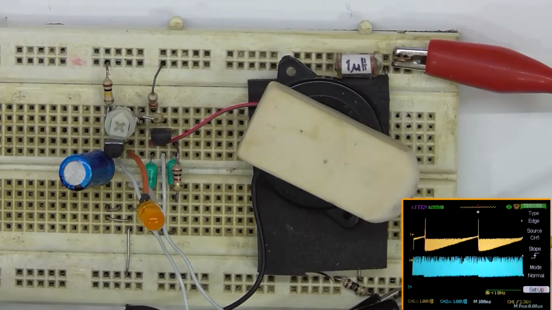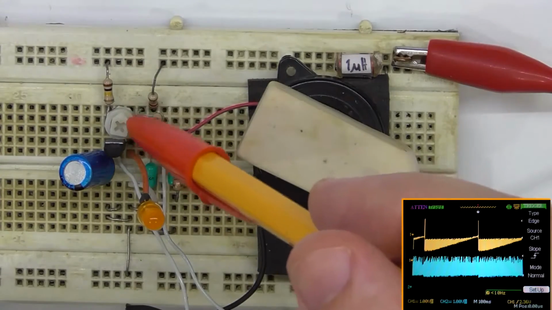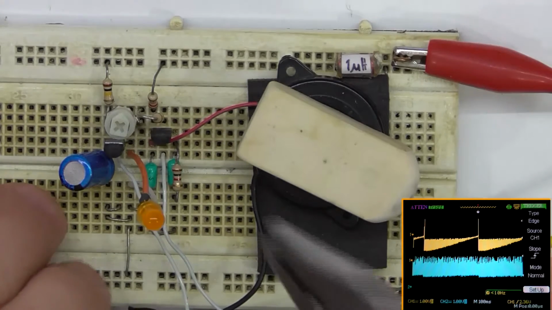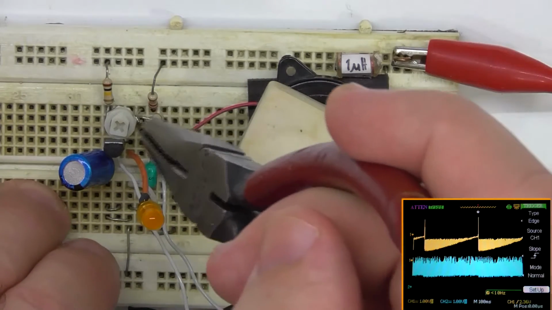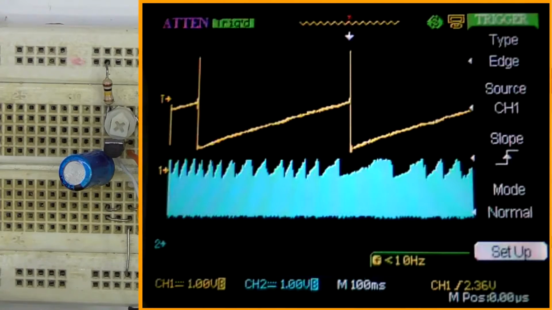So that's fundamentally how it operates. What I've got in there currently is the 500 kilo ohm potentiometer in series with 100 k ohm. So without the interaction, just pull the 100k out.